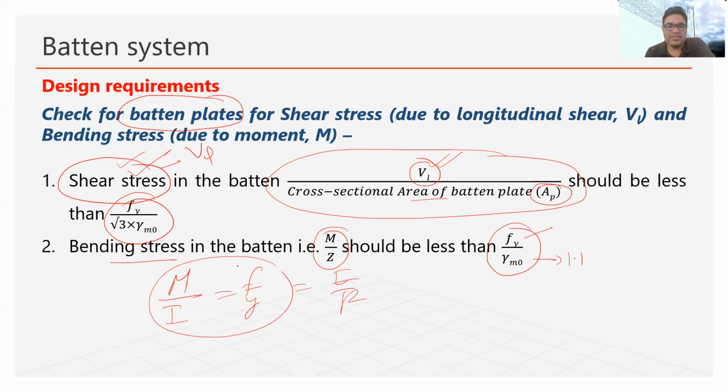If we take these two values, F is the stress. So if we call this FB, the bending stress, then FB will be equal to M into Y by I. And we know that Z is equal to I by Y. Now, I is the moment of inertia, and Y is the distance from the neutral axis.